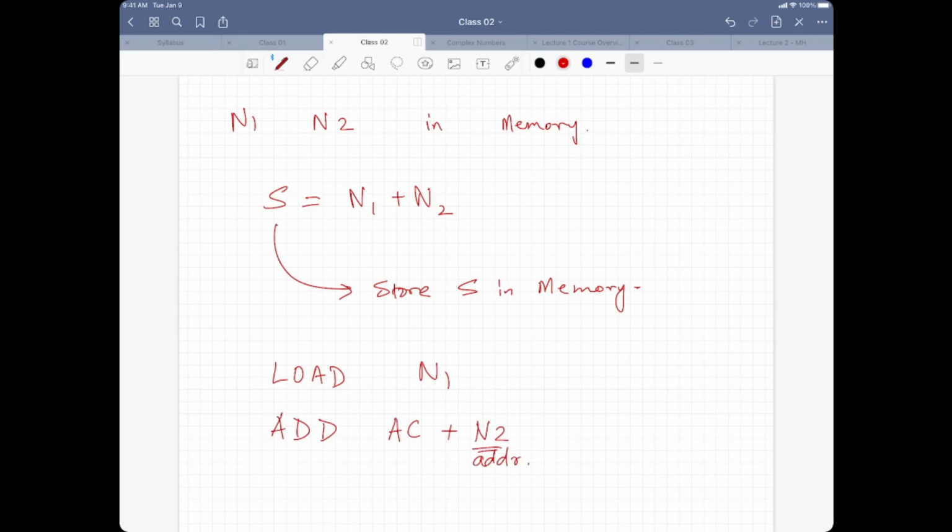When I do the addition, one number is already ready in my accumulator, N1, I have loaded it. The other number I'm going to bring from memory, right? Okay, I'm done with the addition. The answer went where? Accumulator. So it has already overwritten my N1. What do I do? So I do load, then I do add. What do I do next? Store. Store accumulator, where I'm going to give it an address, right? So load, add, store. 3 instructions to carry out that. Bring things from memory, do the addition, and then store it back.